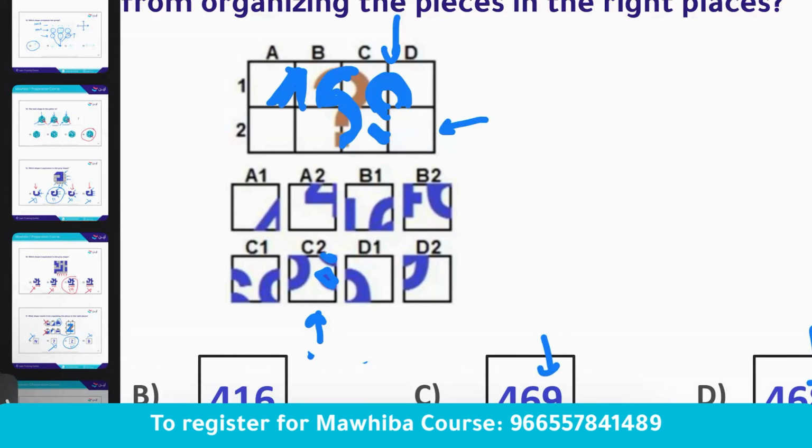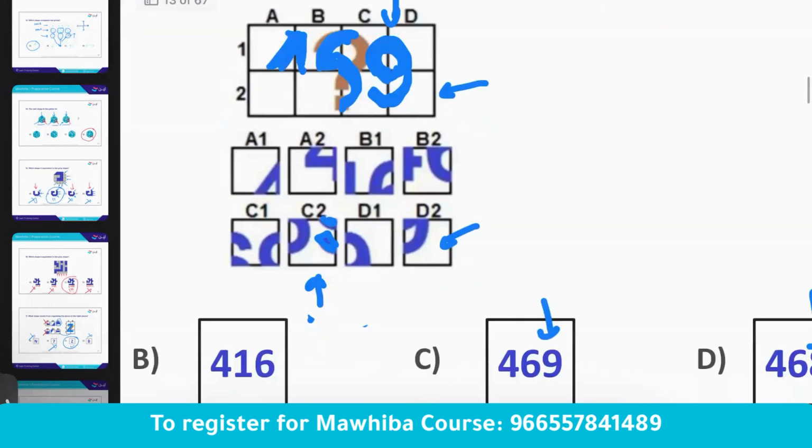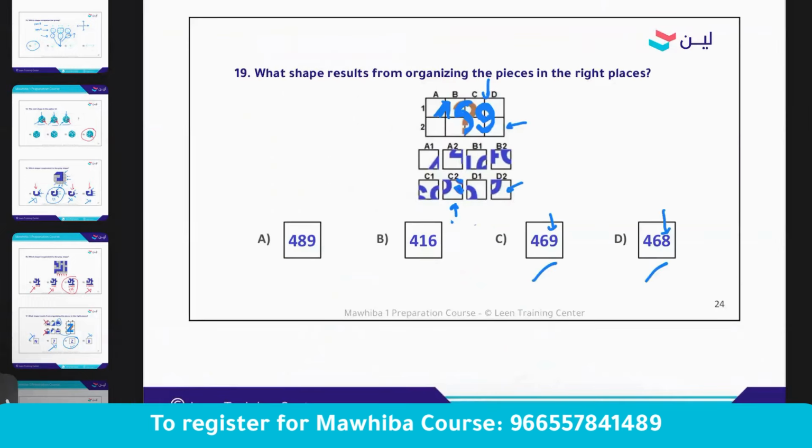Do D2. How much is D2? It's this corner I'm missing over here, plus the leg of the 9. So it's most likely that the right answer is 4, 6, and 9. So the right answer is D. Okay.